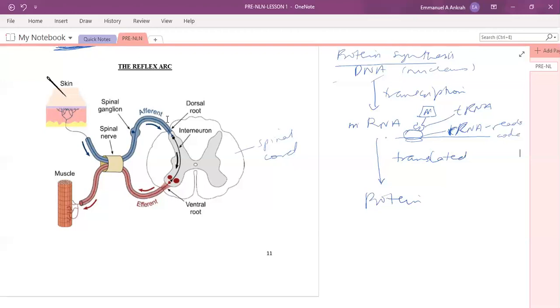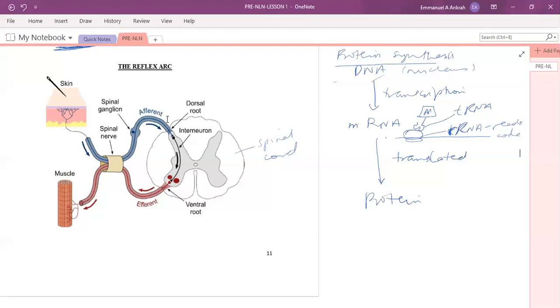Okay, another question. Page 225, number 39. It says, which of these nitrogenous bases can be found in RNA but not in DNA?